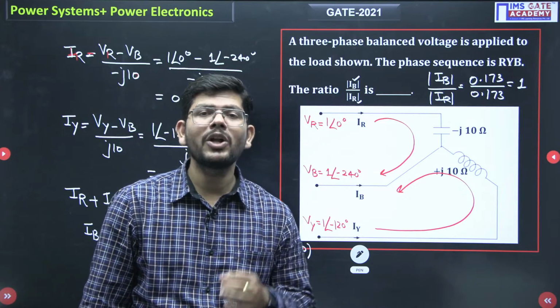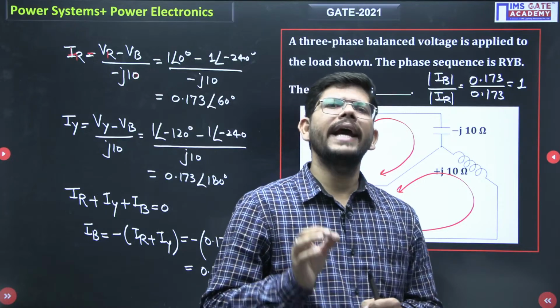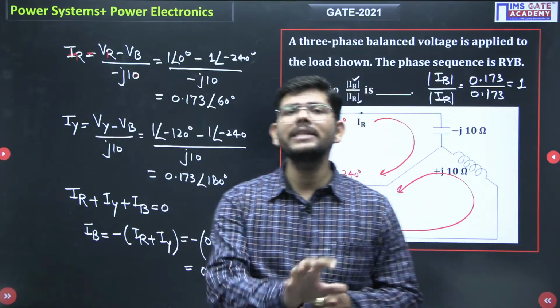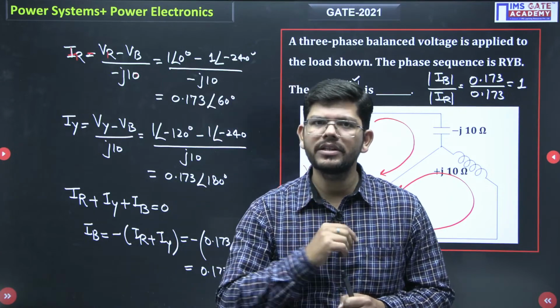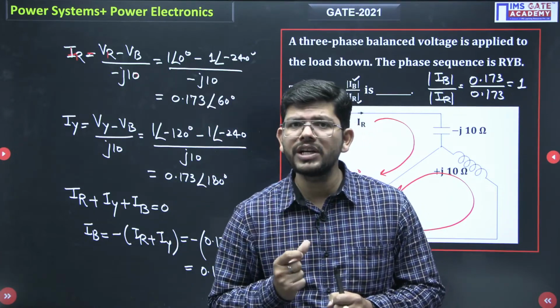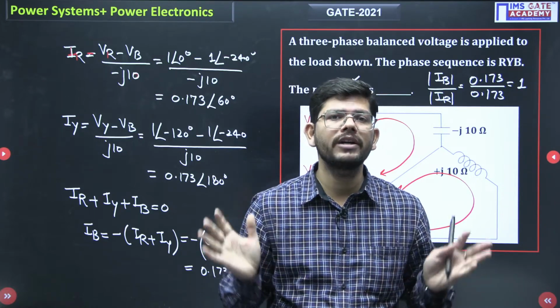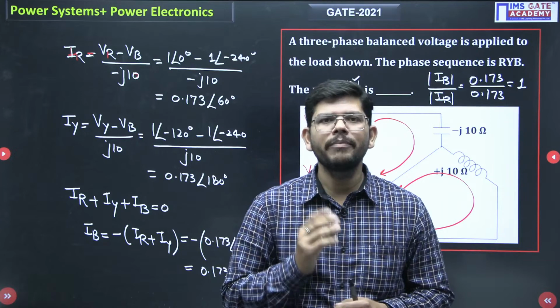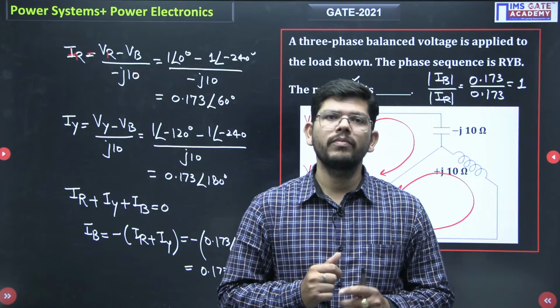Now every year, if you pick any paper, there is a question from the 3-phase balanced or unbalanced system. And where do we study this topic? Under fault analysis. The topic we are covering is balanced and unbalanced systems, symmetrical and unsymmetrical systems.